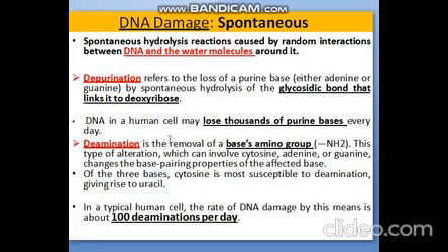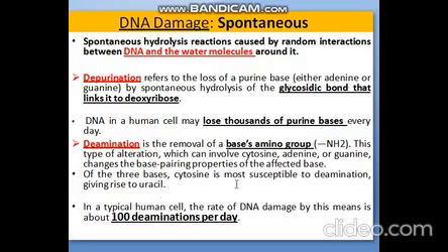Of these three bases, cytosine is the most susceptible to deamination, and because of the removal of the amine group, cytosine is converted into uracil. Here we will see why uracil is not present in DNA. We will see in a minute why nature has preferred thymine rather than uracil in the structure of DNA.